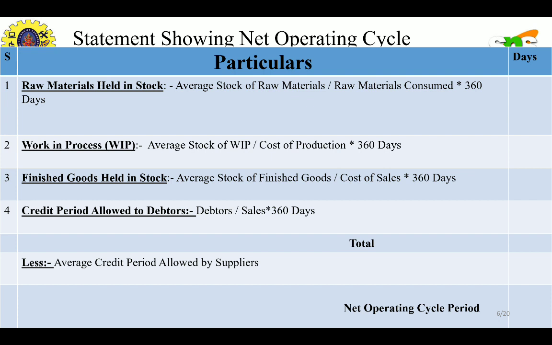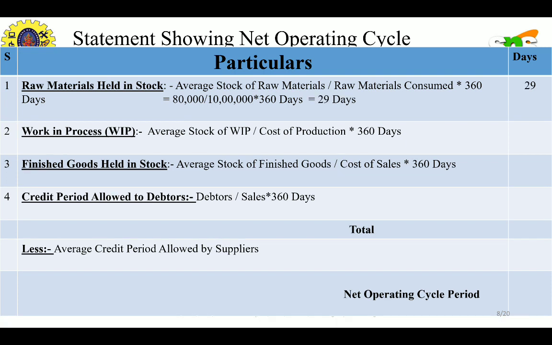Average stock of material is 80,000 divided by raw material consumed, 10 lakhs, into 360 days. These are all given in your question itself. Finally we get 29 days. The 29 should be in the outer column.